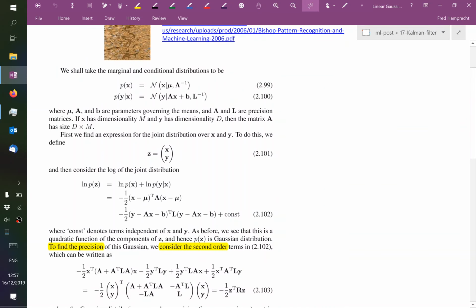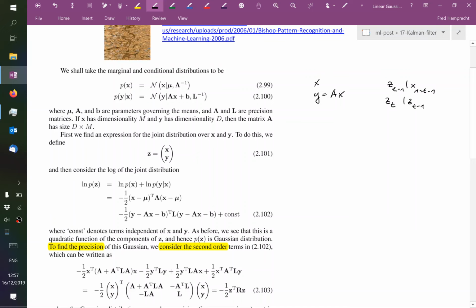So what we are interested in here is y equals Ax plus b, which I don't care about, and we have some random variable x. So in our Kalman example, x would be z_{t-1} given x_1 through t-1, and y would be z_t given z_{t-1}.